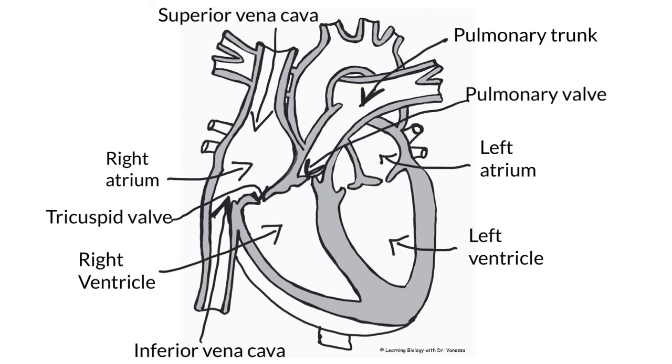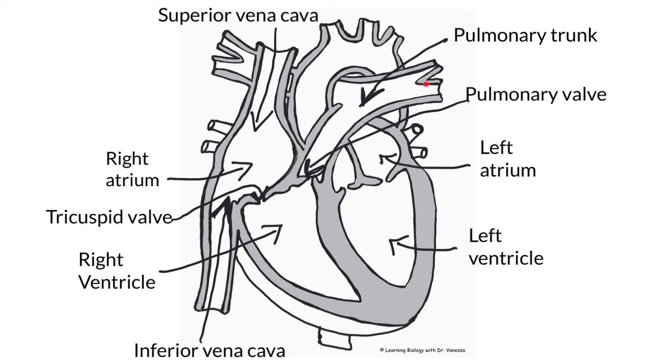So we have the pulmonary valve right here, and then the pulmonary trunk right up in here. So what's interesting is that you notice that both of these have the word pulmonary in them. What does pulmonary mean? Do you remember where the blood is going to go next? If you guessed the lungs, you were right. And pulmonary is another word for lungs.